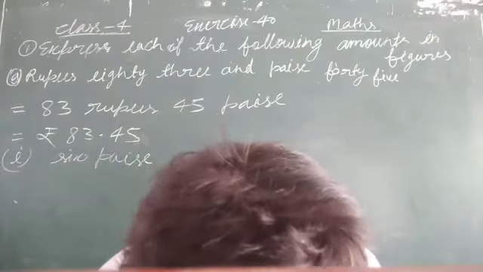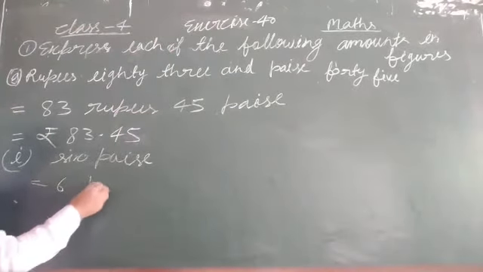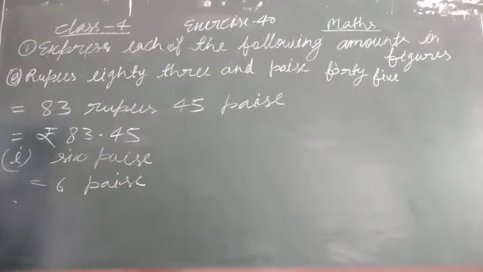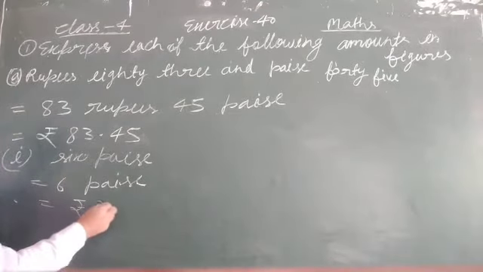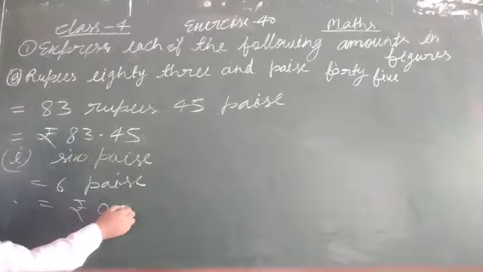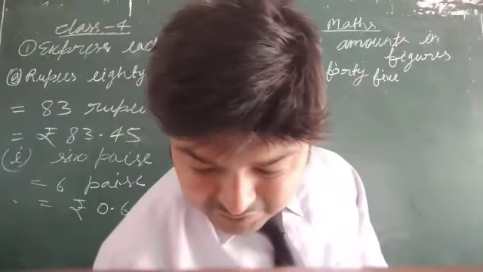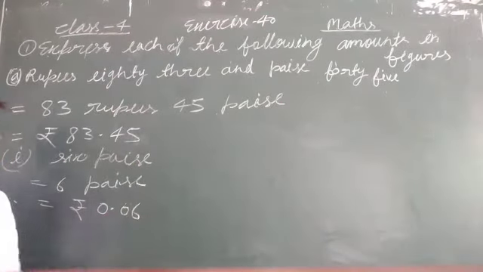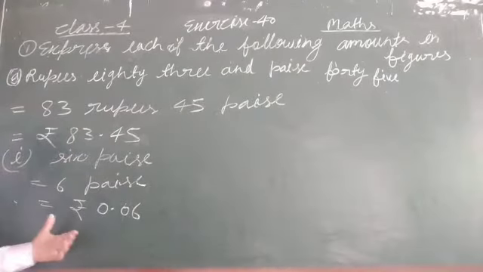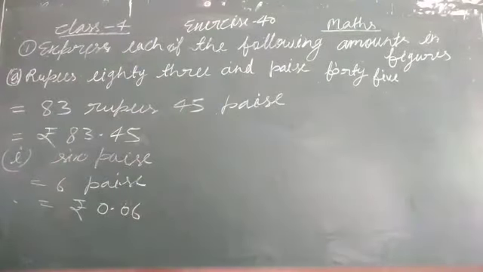So how will you write 6 paise? Simply you have to write 6 paise. Now you have to write in short form. So how will you write? Rupees 0.06 will be there. Okay. So like this you have to solve question number 1.